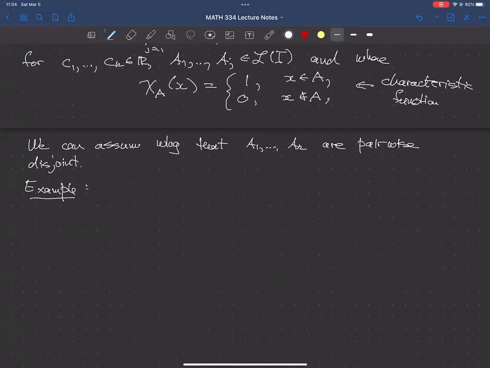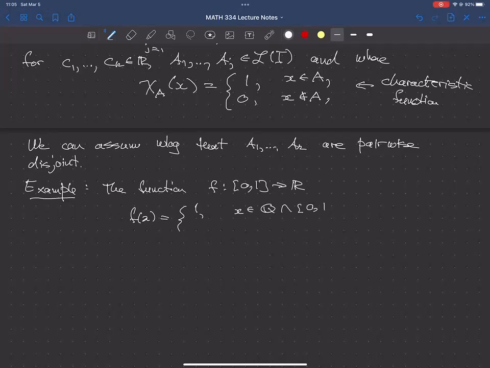Okay, so we had this function f, which was a function from [0, 1] into R, defined by being 1 on the rationals and 0 on the irrationals.